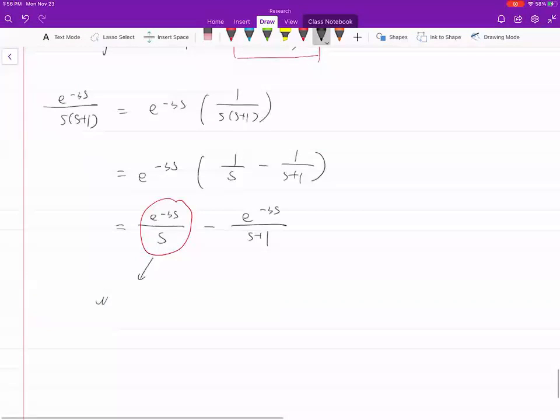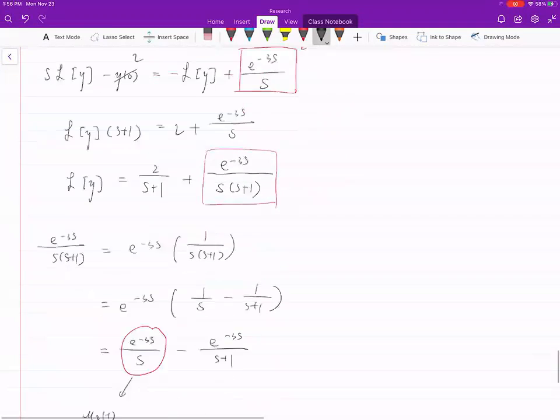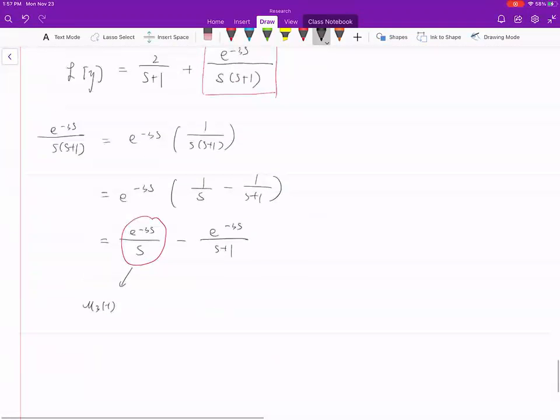This goes to e to the 3t u_3(t). We just proved it, right? It's e to the negative as divided by s. So this is going to be e to the negative 3s. That's u_3(t). The only thing we don't know will be this part.